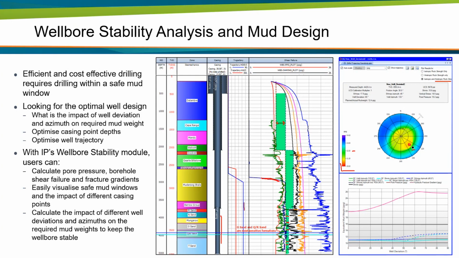We would be in this yellow-orange zone, meaning that we gain basically an extra ppg of mud weight, which we don't need anymore. So that would actually widen our mud window. So this is just showing you an example of how you can use this type of wellbore stability analysis.